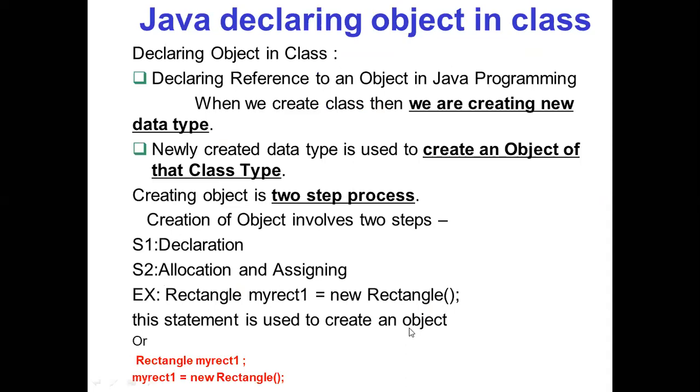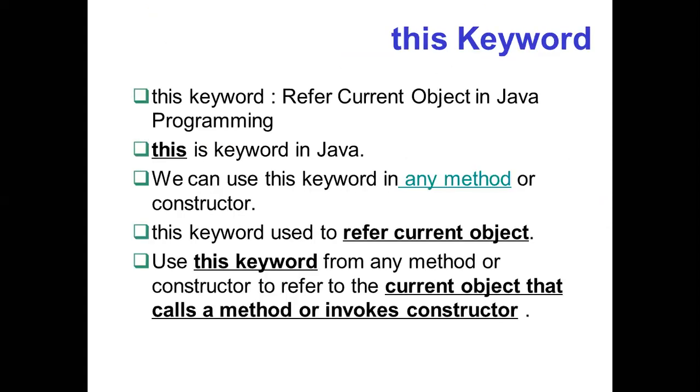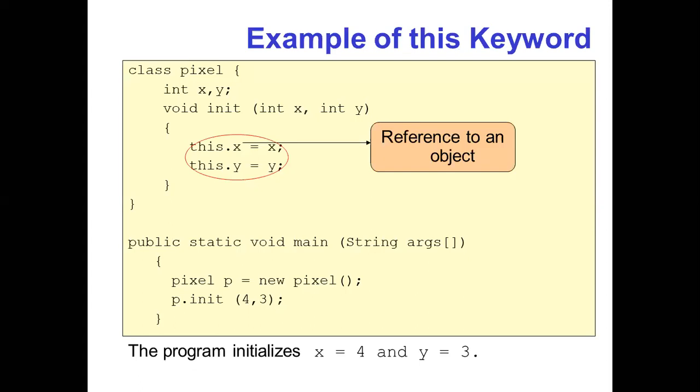Like that, I spoke about the this keyword, referring to the current object or self object, the current object that calls a method or invokes a constructor that belongs to the same class, not any other. Next, you have seen a simple reference to an object, just referring to the class objects.